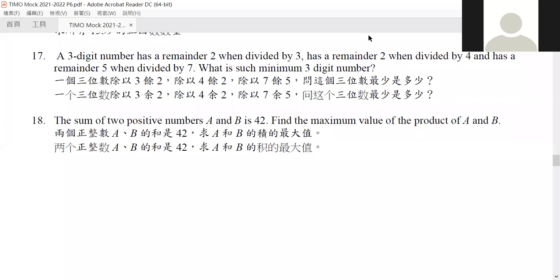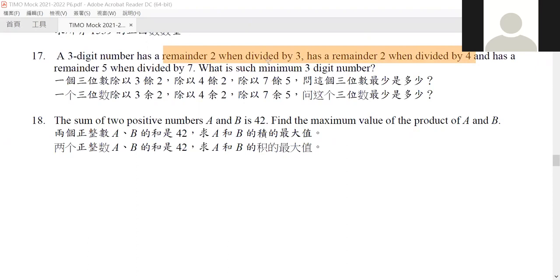Now, this is a 3-digit number, not just 12. First of all, we want to combine the first two conditions. Can you find a number such that when divided by 3 the remainder is 2, and when divided by 4 the remainder is 2?